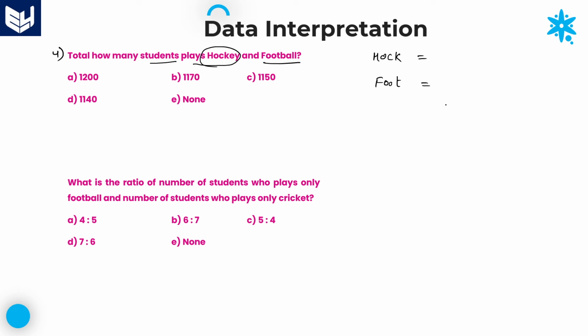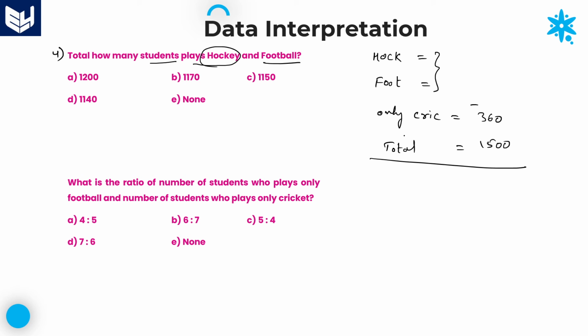As we all know, the total number of students is 1500 and only cricket is equal to 360 members. If you subtract the only cricket value from the total 1500, definitely you will get the number of students who are playing hockey and football.